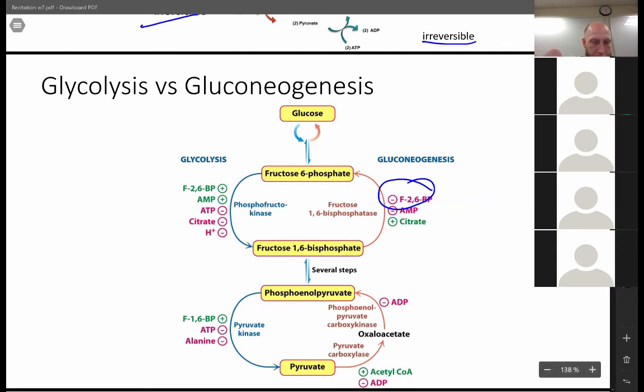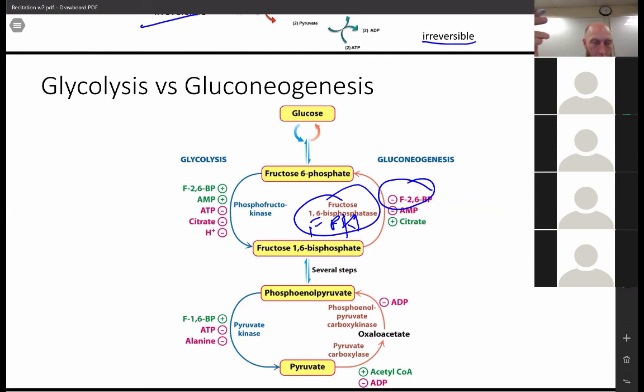So PFK1 is going to make the fructose 1,6-bisphosphate, phosphorylating the fructose 6-phosphate. And so that is an intermediate within glycolysis.